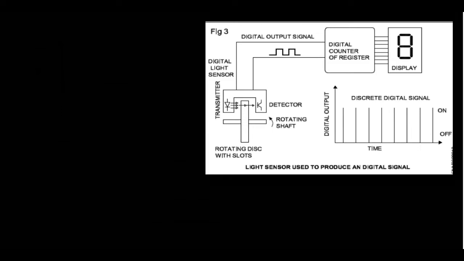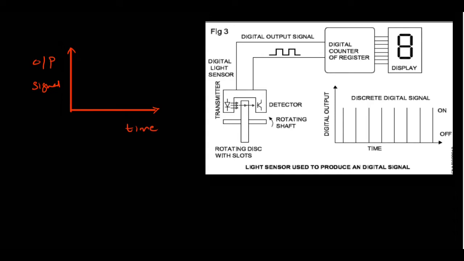And digital means what? Similarly, we'll see the simple graph. The y-axis is going to be the output signal. X-axis is going to be the time.